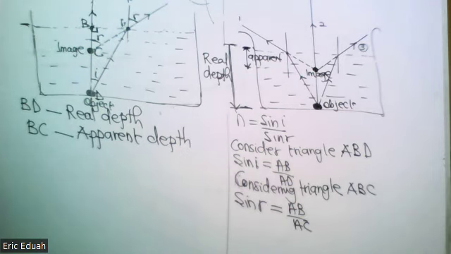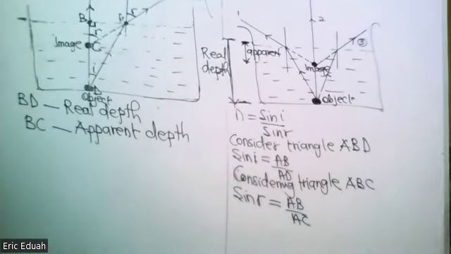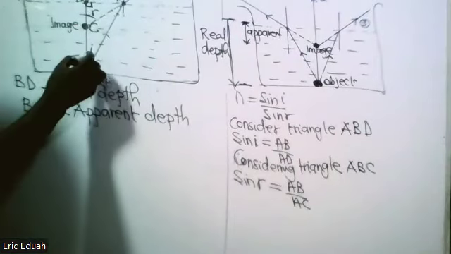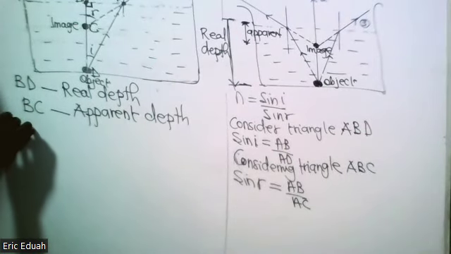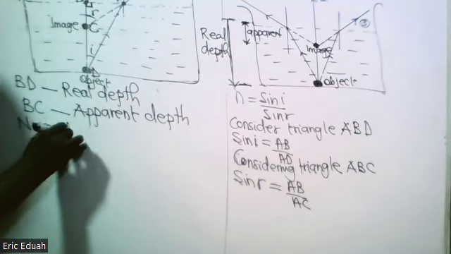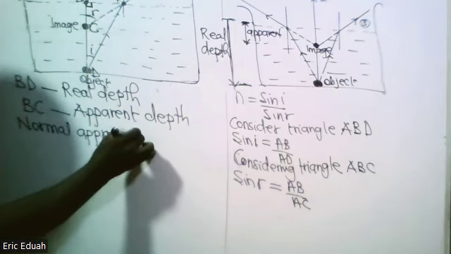Now, the principle behind this is that we are assuming a normal approximation. What do we mean by normal approximation?